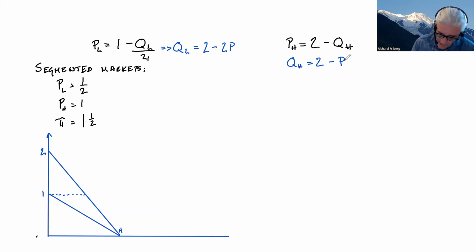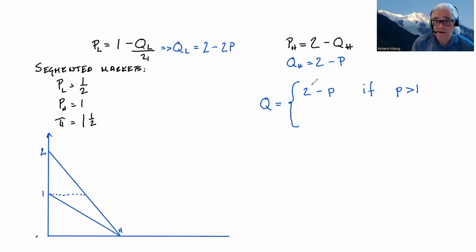Okay. So if we're thinking of market demand, Q is equal to what? Well, if price is greater than or equal to 1, demand is given by 2 minus P. Whereas if price is at 1 or below, it's given by the sum of these two demands.